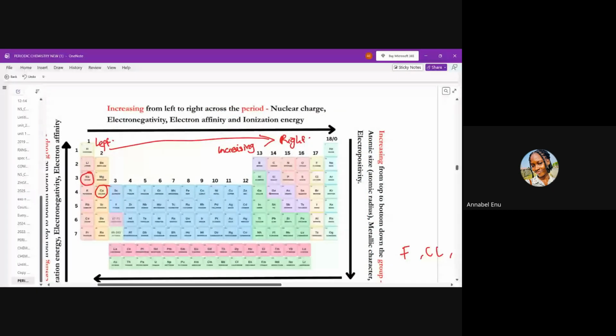Now the next thing, I hope everyone understood this aspect. Now the next thing we are going to be learning. Okay, what if we have, let me give another example.